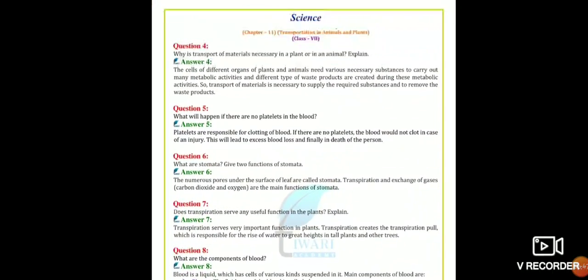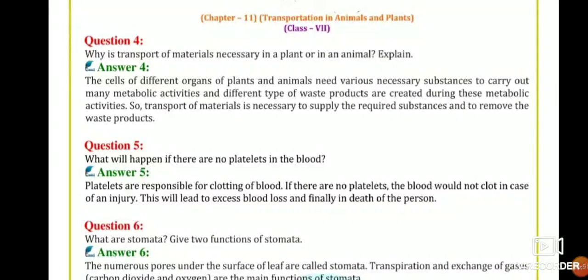And next, this is very important for you. Why is transport of materials necessary in plants or in animals? Explain. That is, the cells of different organs of plants and animals need various necessary substances to carry out many metabolic activities, such as muscles, protein, vitamins, like that.